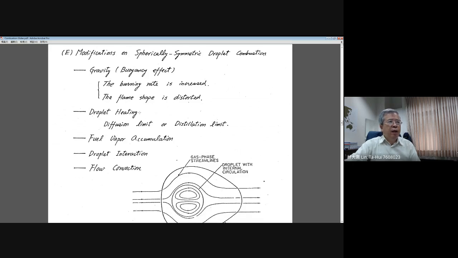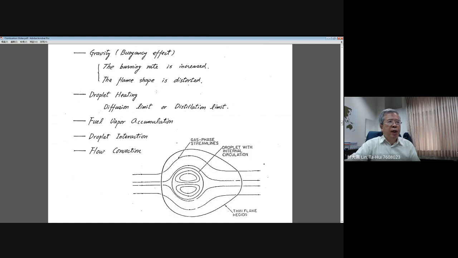The second one, as we learned from the experiments, is the droplet heating you need to consider in the initial period for the droplet in the hot environment. People will use the so-called diffusion limit or distillation limit to modify it, and it gives you some nice corrections on droplet heating.